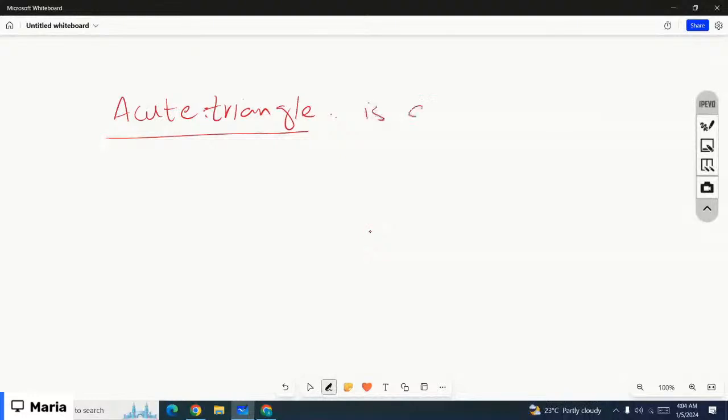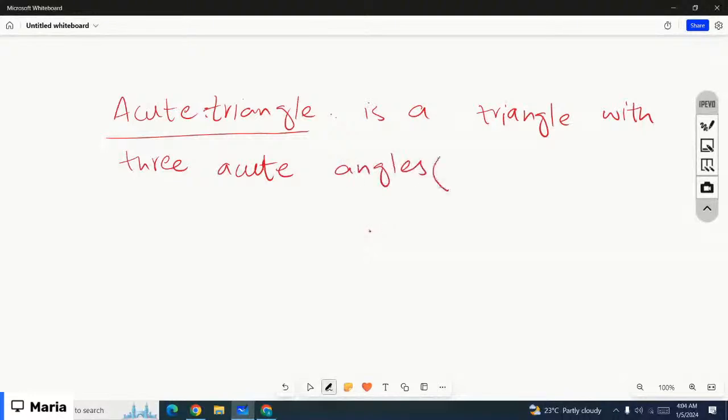Acute triangle is a triangle with three acute angles, and acute angles are the ones that are less than 90 degrees.